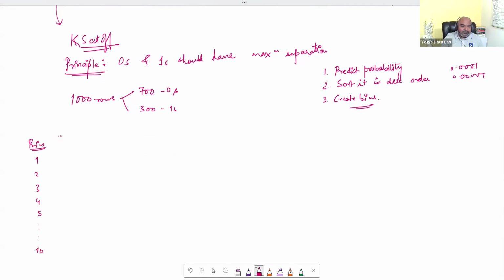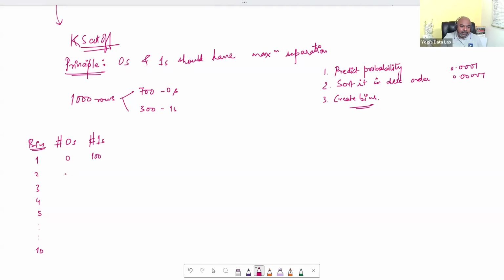Then I'll count the number of zeros and the number of ones in each bin. Now, since I have sorted the probability, the chances are that I'll have maximum ones in the top bins and maximum zeros in the lower bins. So hypothetically, I'm assuming that I have 0 zeros and 100 ones in the first bin.